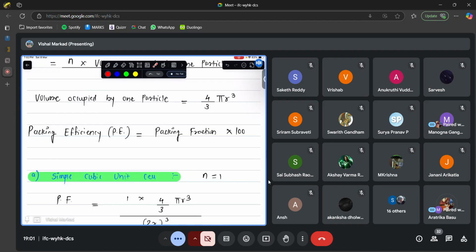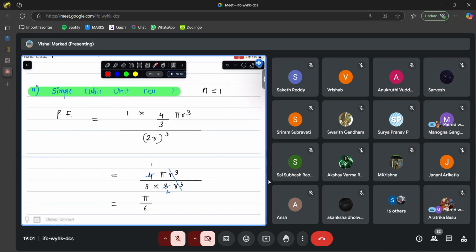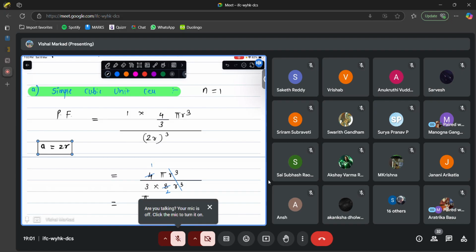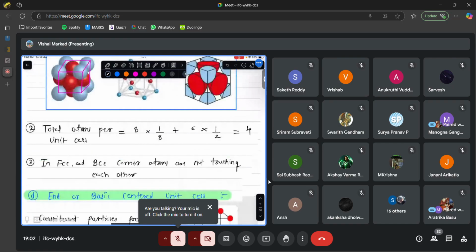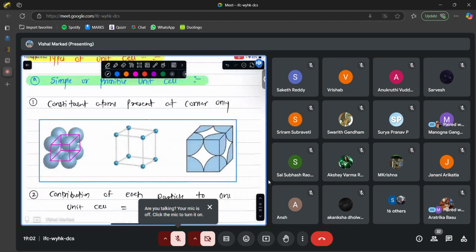Now there is one relation between A and R for the simple cubic unit cell, and that relation is A equal to 2R. How? From the diagram you will understand this. This is the simple cubic unit cell.